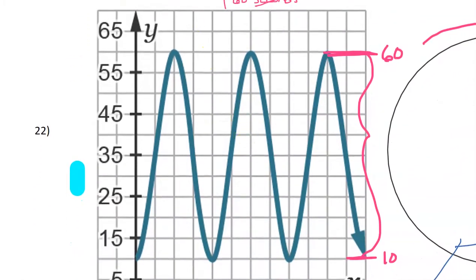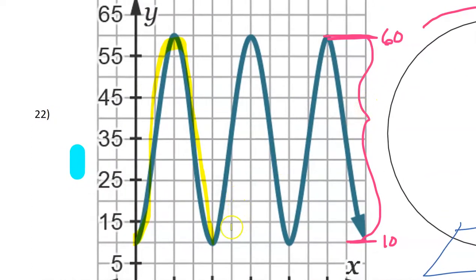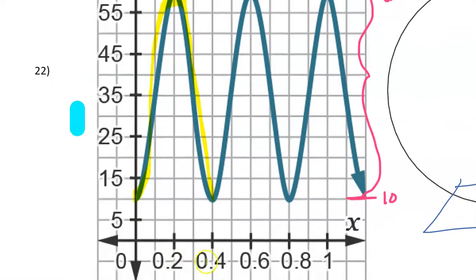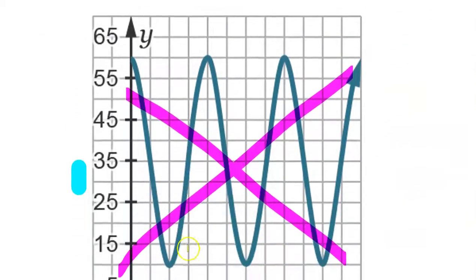So one cycle of this graph is like this. That represents one rotation of the wheel. So let's look and see how many minutes that was. Oh, look, boom, 0.4. I think we have a winner. But just to be sure, let's go ahead and check the other one.